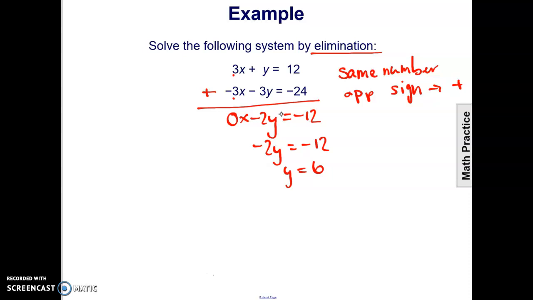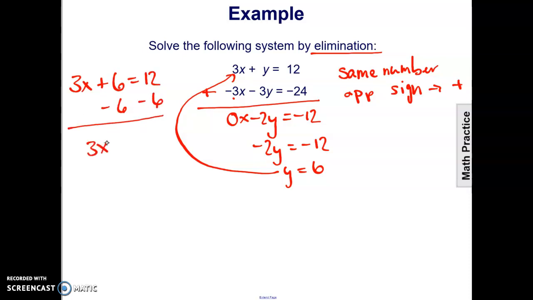I'm not done yet. Now I have to take that number and plug it in to an original equation. 3x plus 6 equals 12. Subtract 6 on both sides. 3x equals 6, or x equals 2. So my final answer is 2, 6.